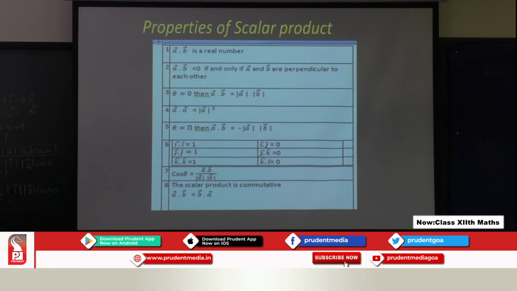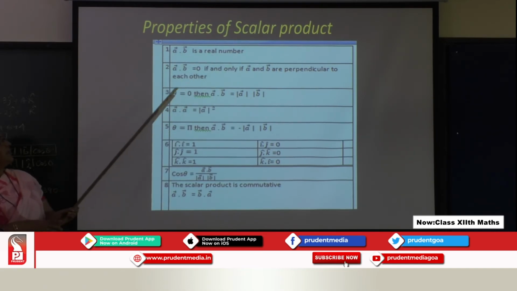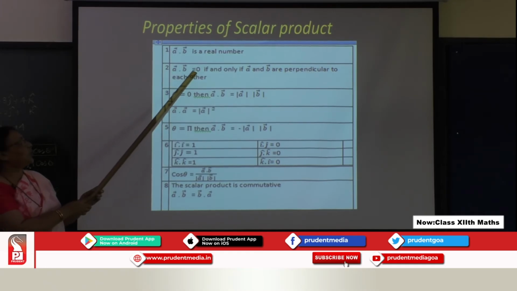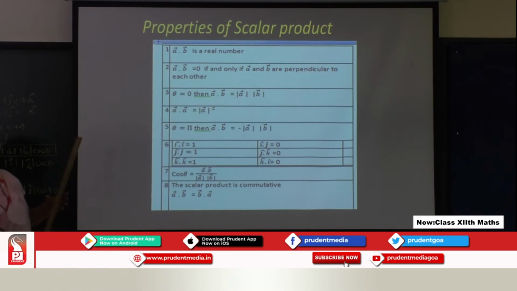Now the properties of scalar product. In all the examples I showed you, we are getting the answer as a real number. The final answer when we take the dot product is a real number. So A dot B is a real number. Now A dot B is 0 if and only if A and B are perpendicular to each other.